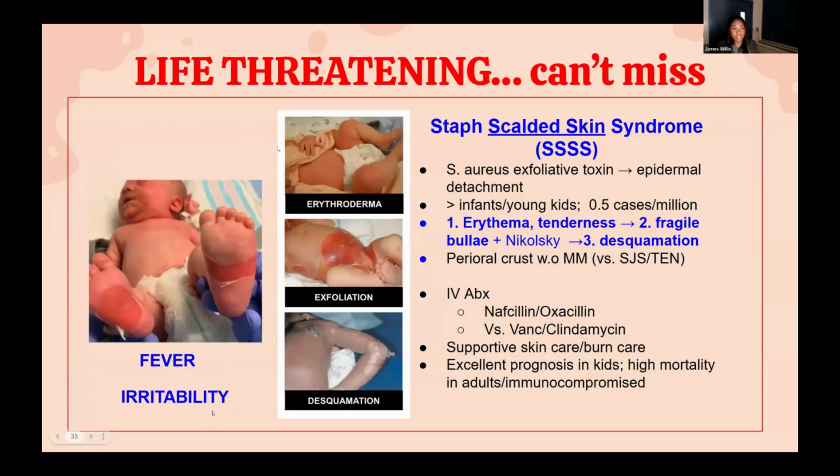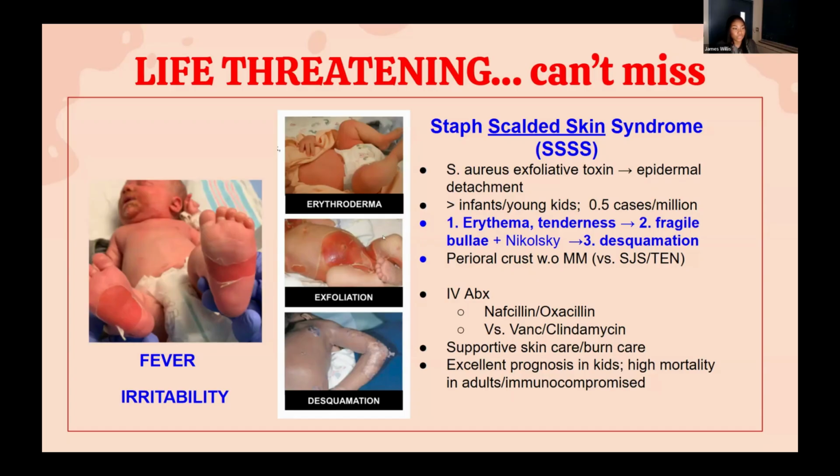Staph scalded skin syndrome. So this one is Staph aureus exfoliative toxin, which results in epidermal detachment. It's very rare, so like 0.5 cases per million patients per year, but when it does happen, you'll see this in infants and young kids. 3 phases you have. The first phase, erythroderma, which is this erythema, tenderness.